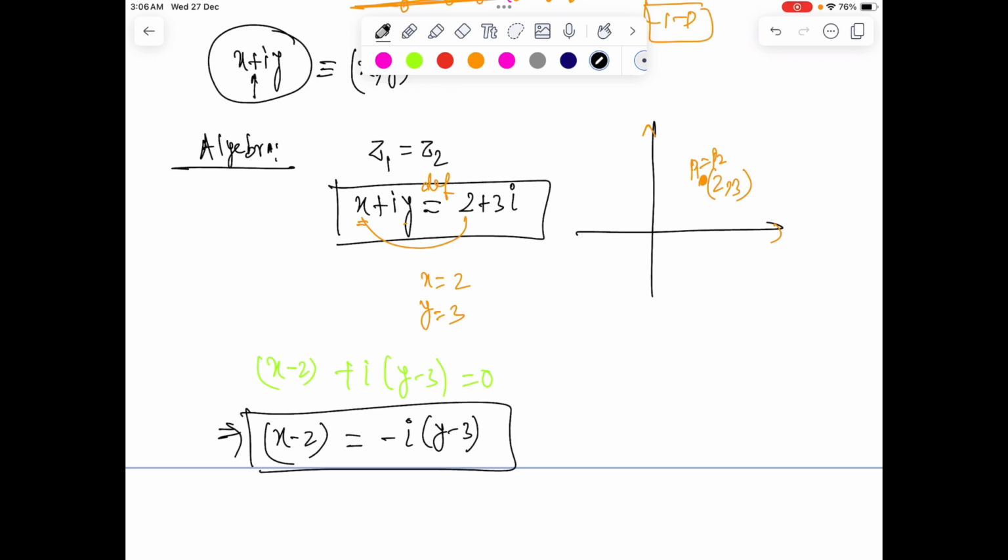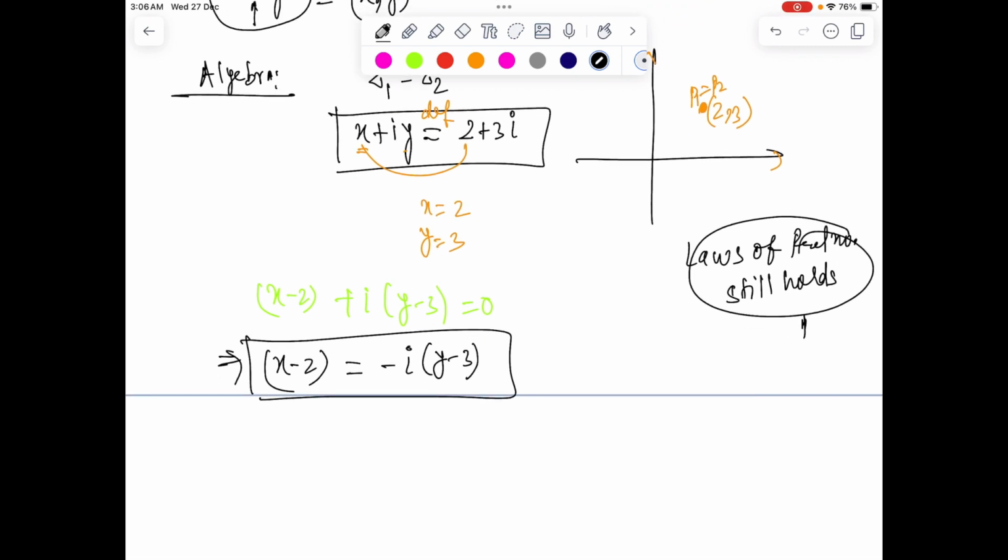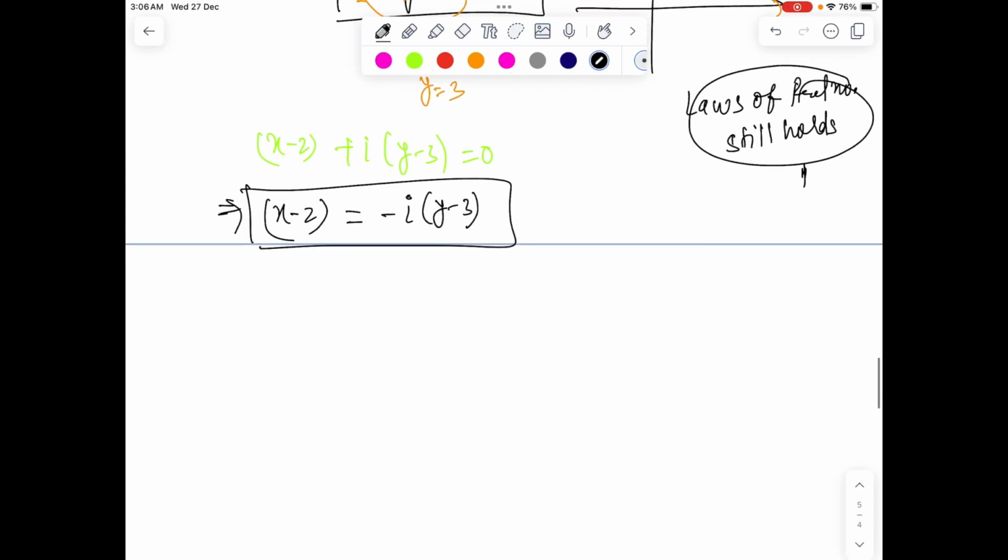So all laws of algebra, the laws of real numbers, still hold, because it's an attempt to mimic the idea of real numbers and push forward to a new dimension. And 2D is nothing but a collection of 1D in two different directions, in that sense.